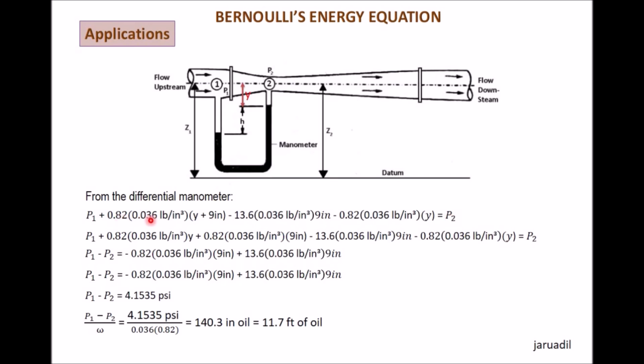By simplifying this equation, we apply the distributive law. This term we multiply by y, and this term we multiply by 9. The negative 13.6 term remains the same, and this one also remains the same, equal to P sub 2.